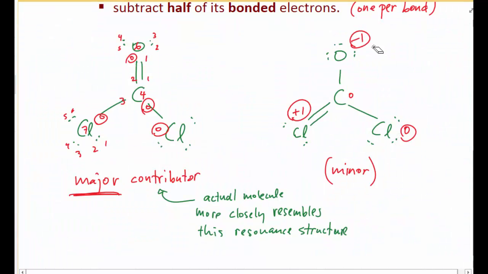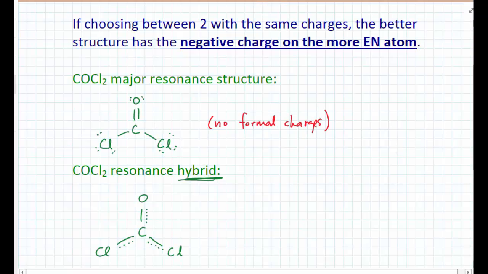No formal charges here. Minus, plus in this one. There's another resonance structure with a plus over here. So we're just going to call those partial charges: partial minus, partial plus, and partial plus.